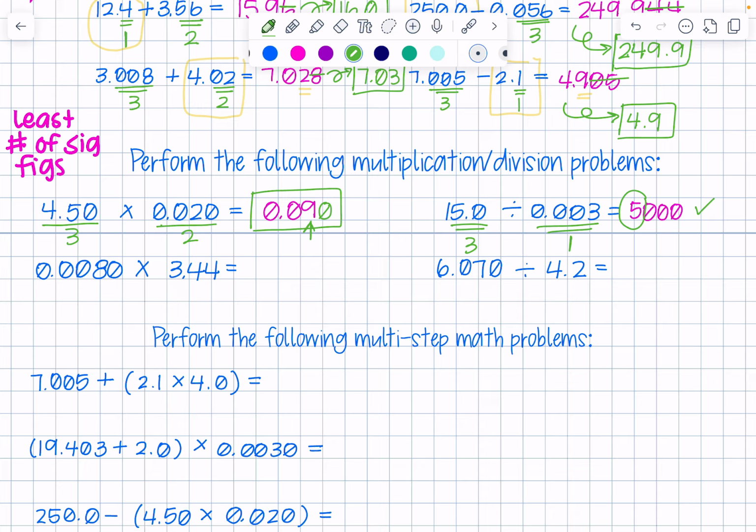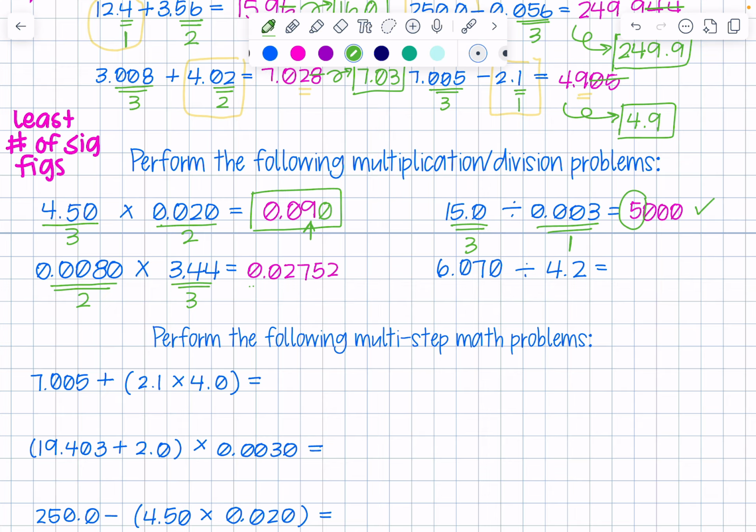All right, the next question. 0.0080 times 3.44. The answer is 0.02752. 0.0080 has 2 significant figures. 3.44 has 3. So my answer should have 2 significant figures. When you're trying to figure out where that second significant figure is, you're going to start on the left-hand side of the number and find the second significant figure from there.